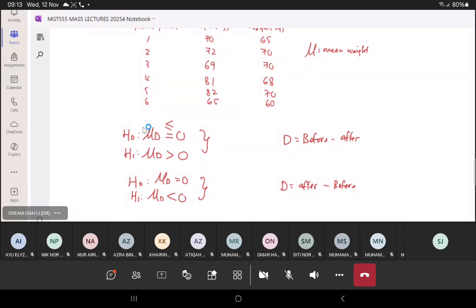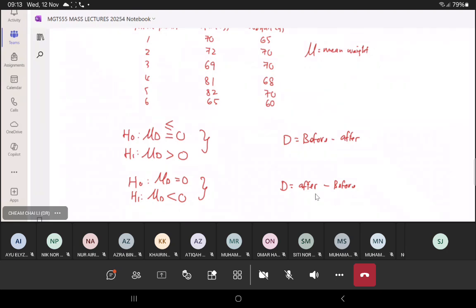Right? So this is the second scenario, where we define the difference equal to before minus after. Right? What if we have the difference as after minus before? After the intensive slimming course, the weight of all participants will be lower because everyone is healthy and fit, right?